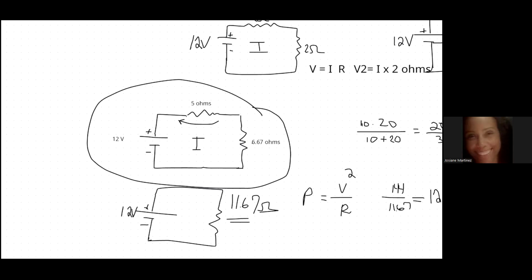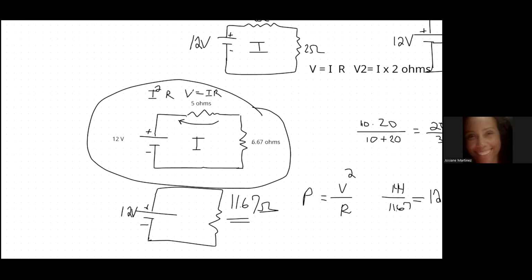I squared R is a good formula in that case. But if you don't remember I squared R, you can simply do V equals IR. You'll know the voltage across the 5 ohms because you'll have the current and you'll use the 5 ohms.